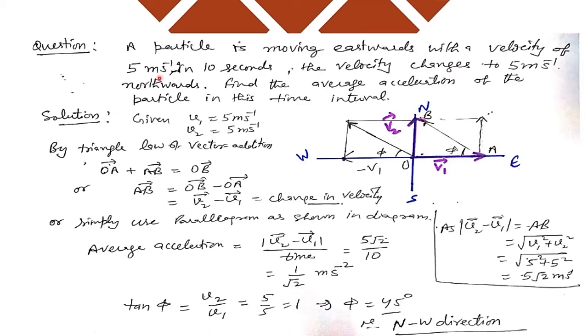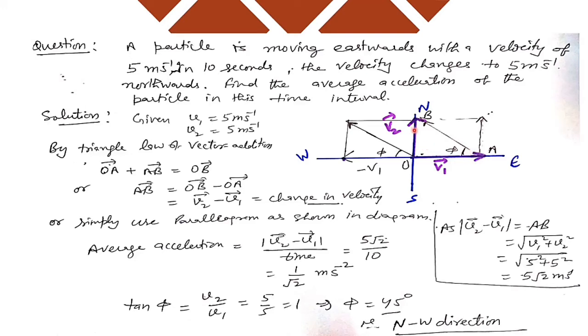According to the question, the particle is moving eastward, here in this direction towards east. And in 10 seconds the velocity is 5 meter per second northwards. So after 10 seconds, if you see, this is the direction, again your magnitude is 5 meter per second, but the direction is northward. You have to find the average acceleration for this interval of time.